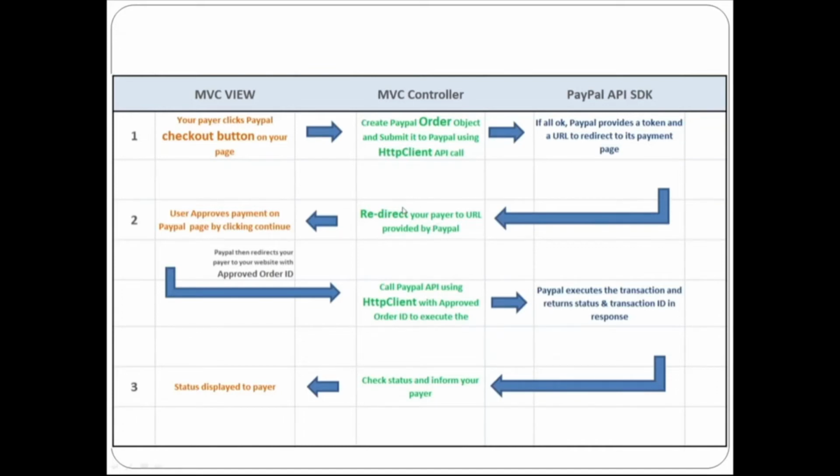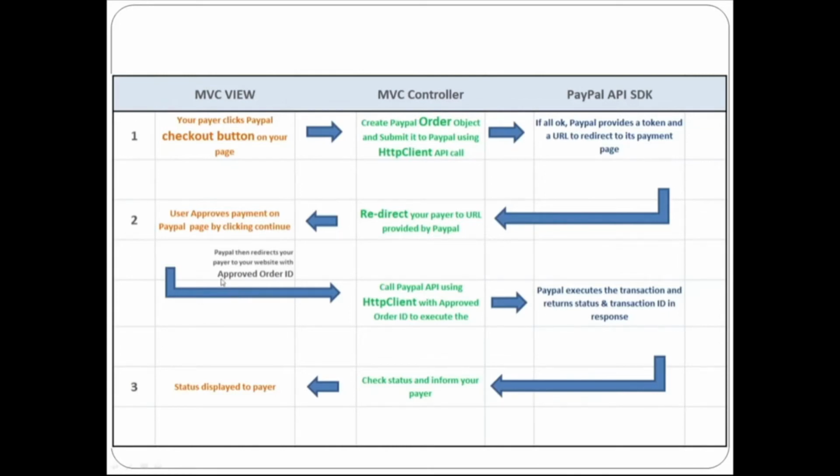Checking the response, if everything is okay, you will redirect the user to the PayPal login screen, where the user will enter his PayPal credentials and log in to his PayPal account. Then the user will be shown your order details with a continue button and a cancel button. The user has the option to cancel or continue the transaction.